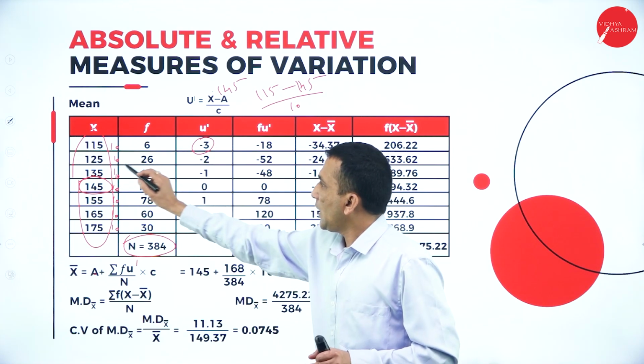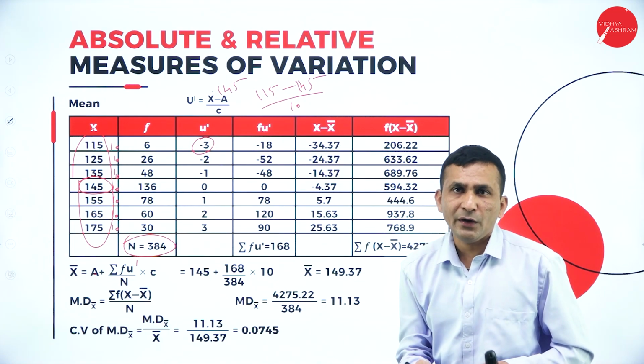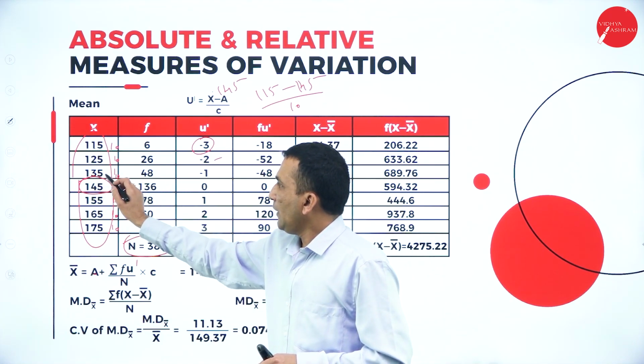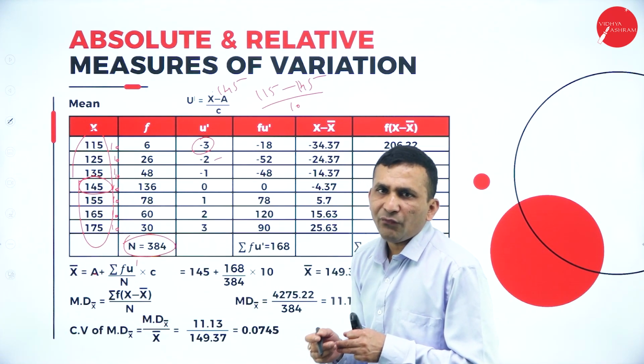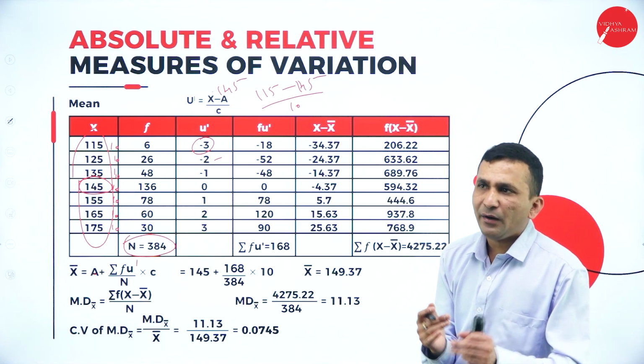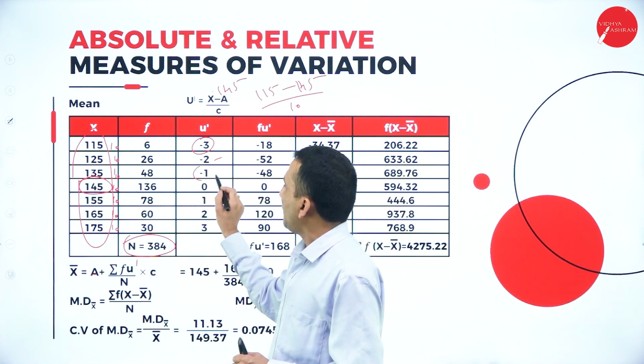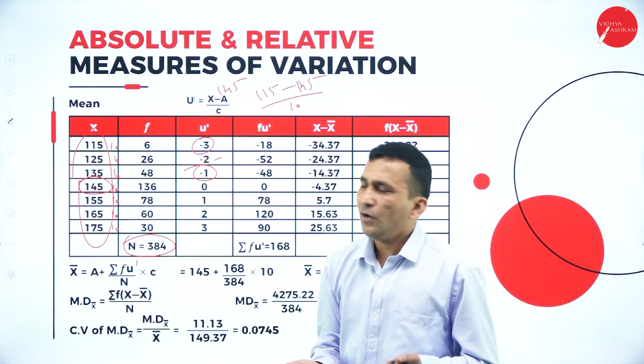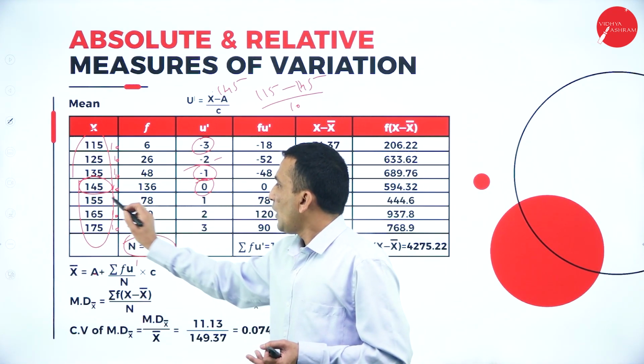Same thing, 125 minus 145 is minus 20, divided by 10, minus 2. 135 minus 145 is minus 10, divided by 10, minus 1. 145 minus 145 is 0. So my answer is 0.